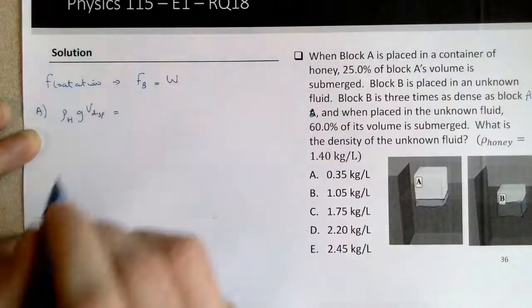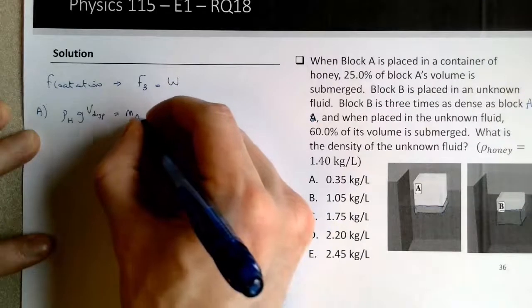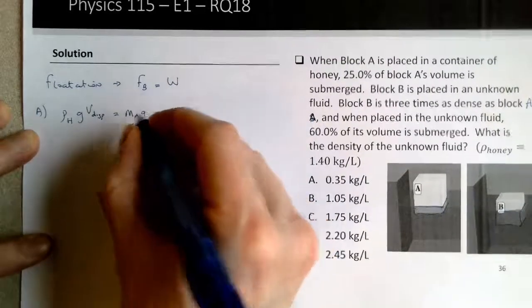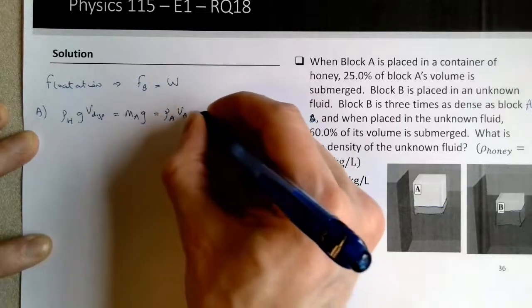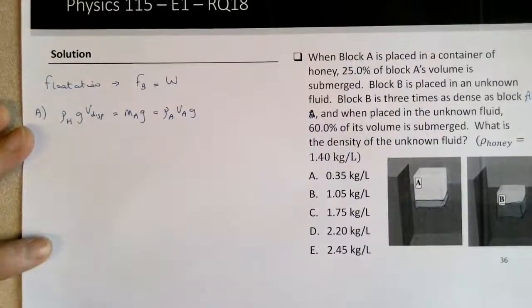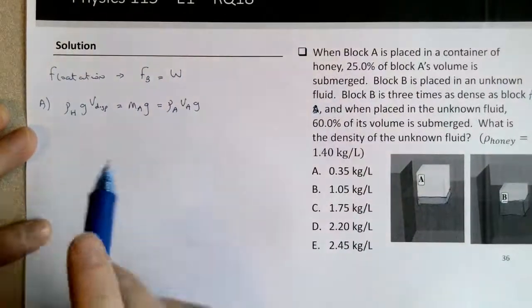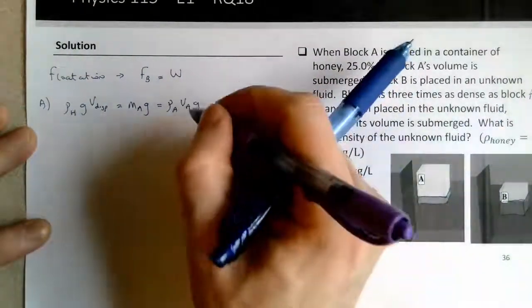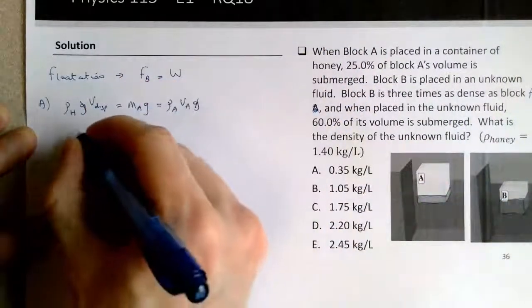equals the weight of block A, which is the mass of A times g. But I can write the mass of A as rho of A times the volume of A, so the weight is rho A times V A times g. So mass can be written as rho times volume. Now I'm going to cancel out that g with this g, so I've got rho honey.